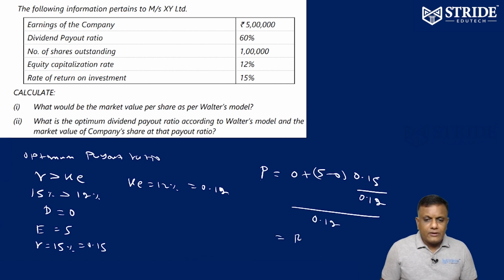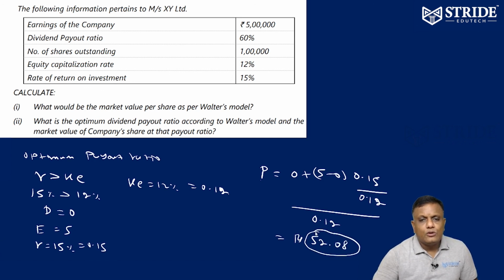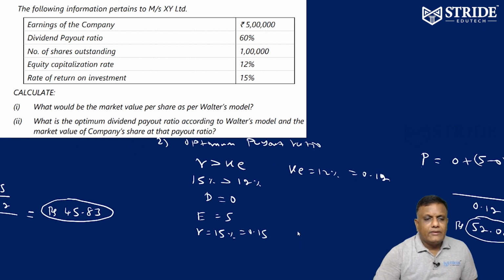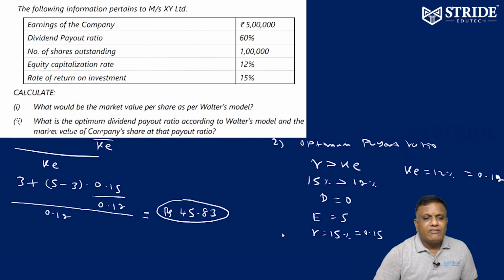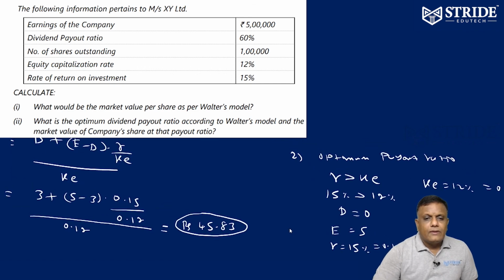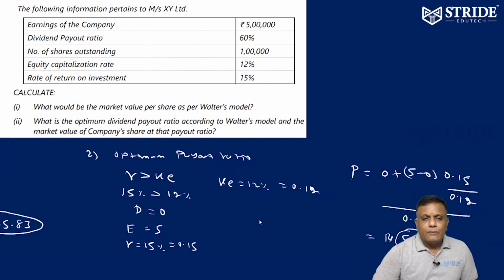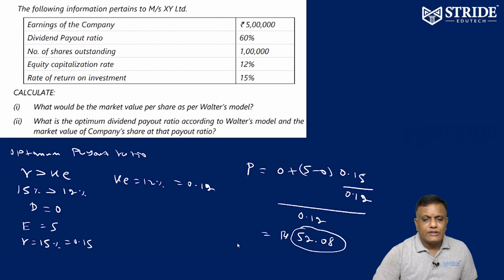You will be getting the answer of rupees 52.08. Optimum payout ratio gives rupees 52.08. That's it. So initially with Walter model it was 45.83. When the optimum payout ratio is given, market price per share is 52.08. That's it.